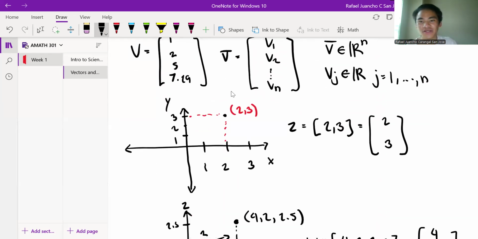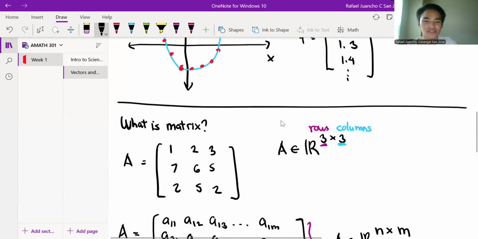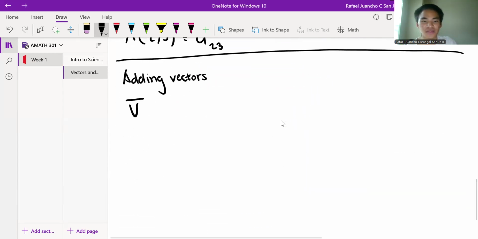If there's a horizontal line above the letter, it basically means it's a vector. Another way is bold, which I can't do. But in our course, we stick with this, so then you'll know it's a vector.